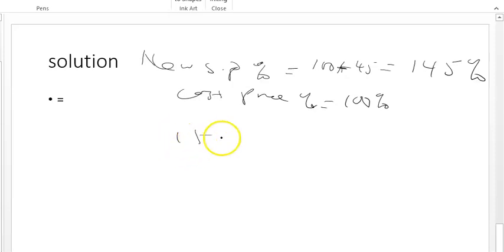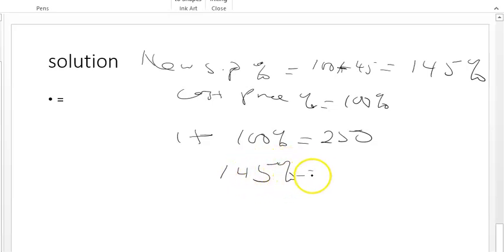So if 100% is the cost price, which is 250 Ghana cedis, then the selling price of each article to get a profit of 45% equals, if more, less divide.